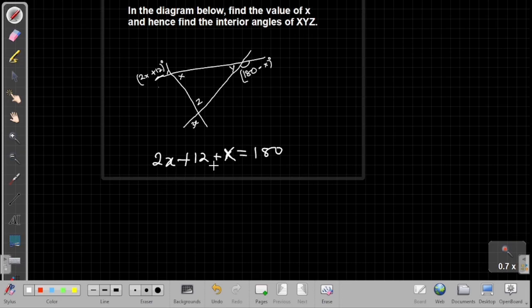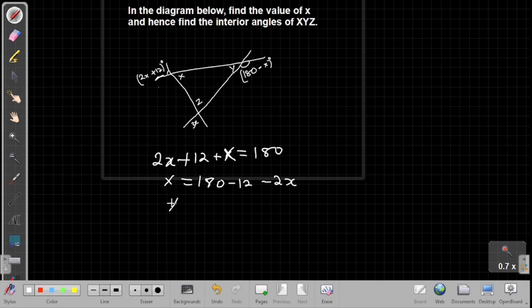So we are going to collect like terms basically and make this capital X the subject of the formula. So we are going to be having something like 180 minus 12. Are we together? Then minus 2x, because this was positive, right?